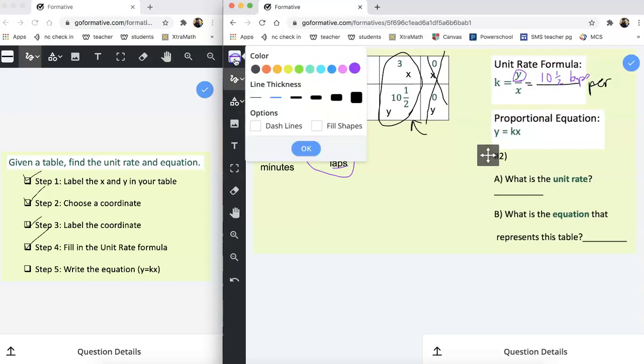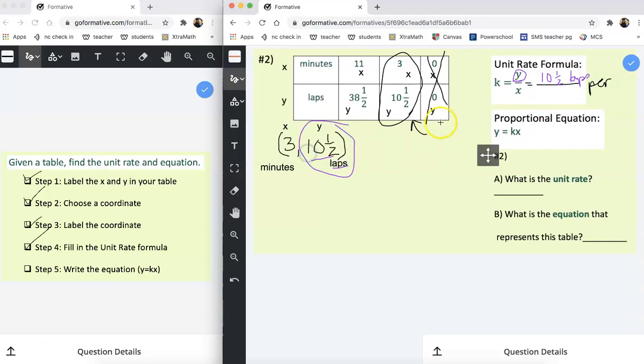All right, then I choose a different color. And now I'm finding the X value. And the X value is 3. So I'm going to write 3 minutes. And I actually really will type this. 3 minutes. So 10.5 laps per 3 minutes, every 3 minutes.